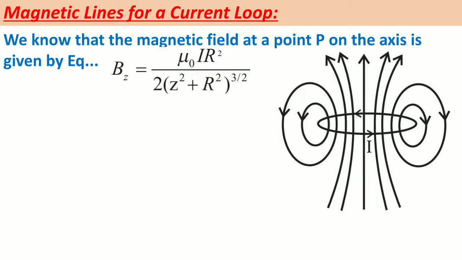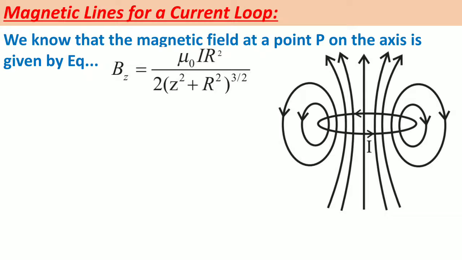Now here you can see this diagram. A current I is flowing in the ring, in a circle, in a loop, and as we know, magnetic field will be produced at different points on the loop. So as you can see here, the direction of the magnetic lines of force.